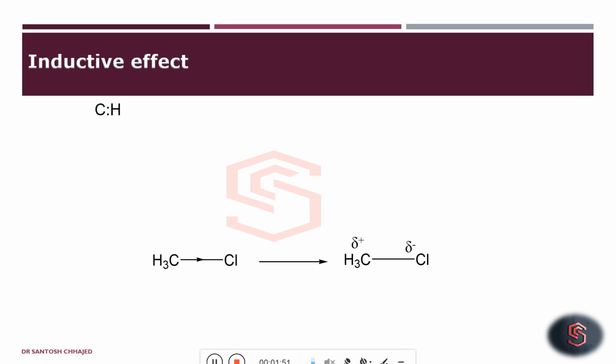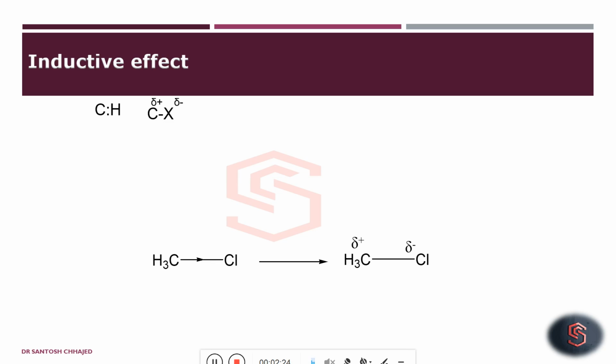Say for example, we will discuss a C-H bond and a C-X bond, that is a bond between carbon and halogen, maybe chlorine, bromine, iodine, or fluorine. Between carbon and halogen, carbon is electropositive and halogens are electronegative as compared to one another. So halogen will always pull bonded electrons toward themselves.